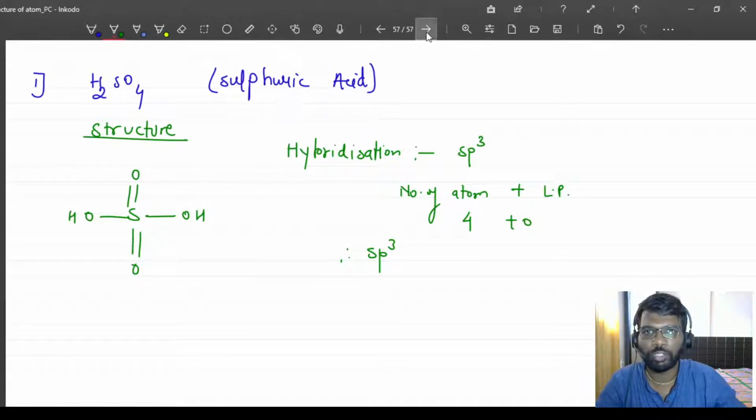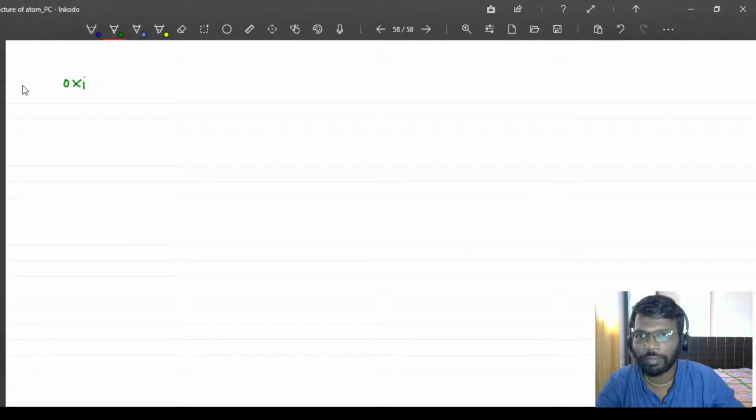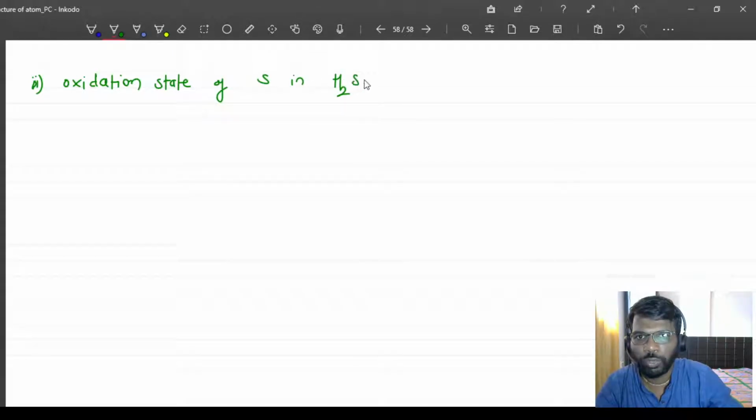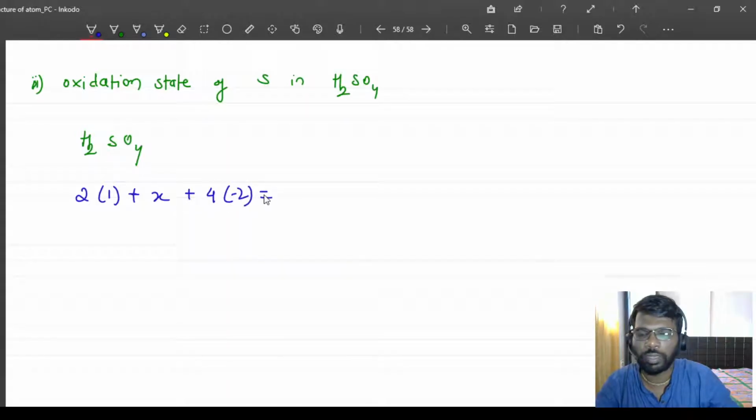Now oxidation state of sulfur in H2SO4. Let us calculate it. H2SO4 means 2 into 1 plus sulfur, I'll put X, plus 4 into minus 2, because one oxygen has a charge of minus 2 and overall charge is 0.